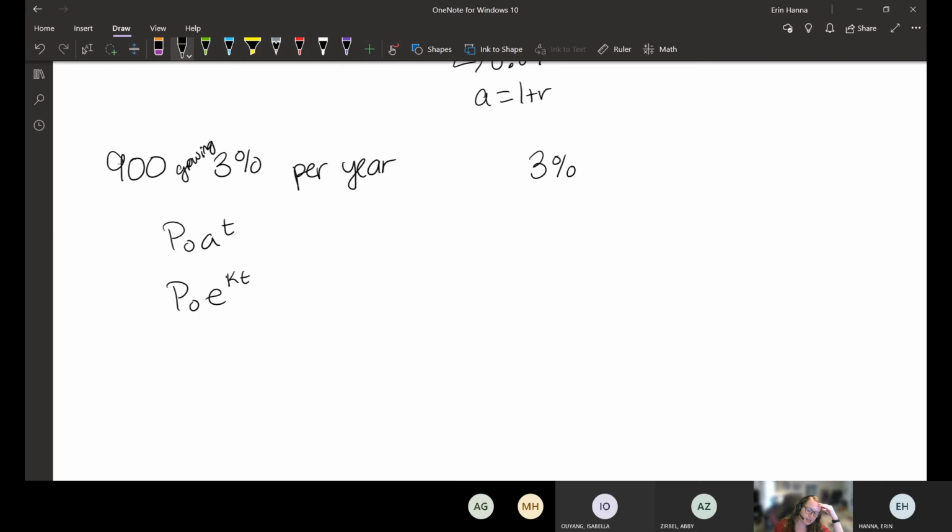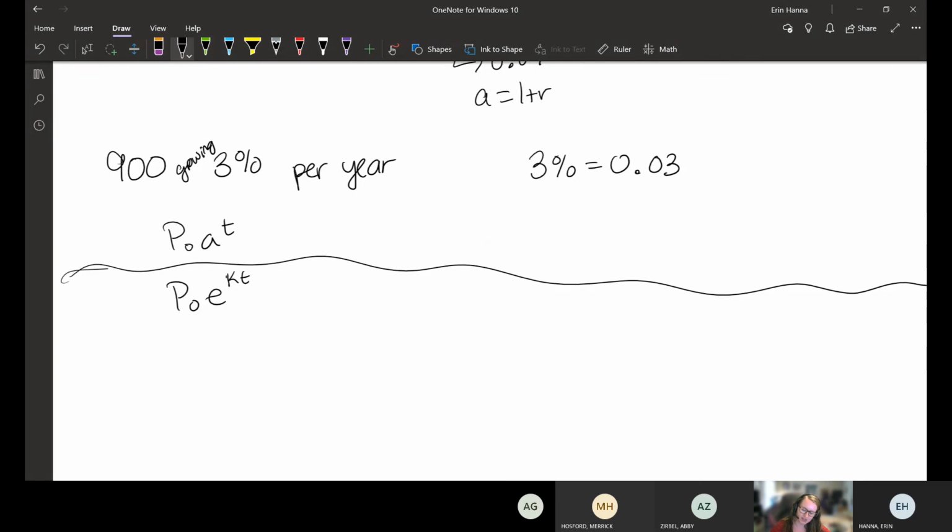So, 3% is equal to 0.03. We've got two situations going on here. In the a to the t form, that gives you your r value, if it's just a regular old rate.